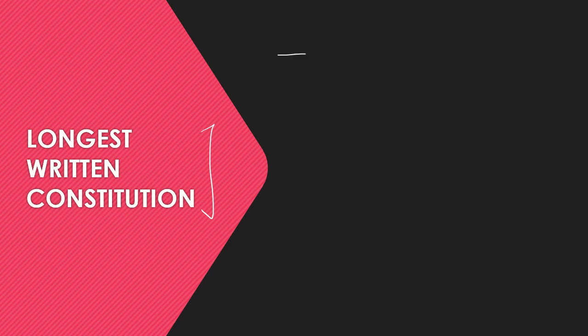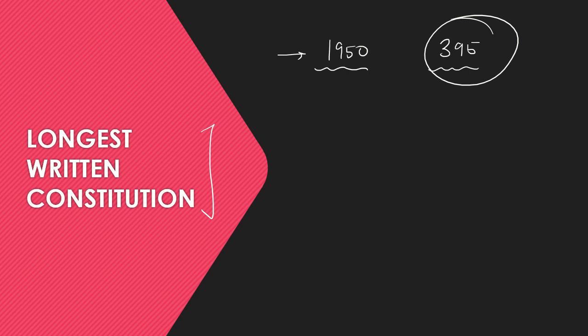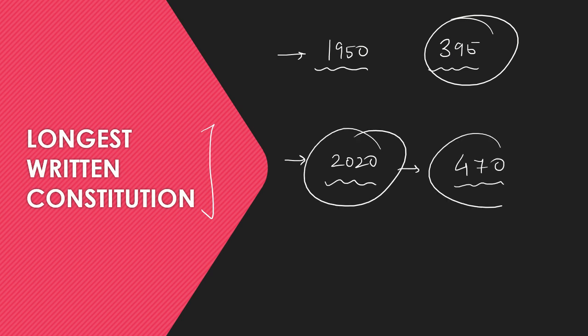In its original form in 1950, it had around 395 articles. But today, in 2020, it has perhaps 470 articles, which makes it very bulky. So we will look at only some of the important provisions because we obviously can't learn all of these.